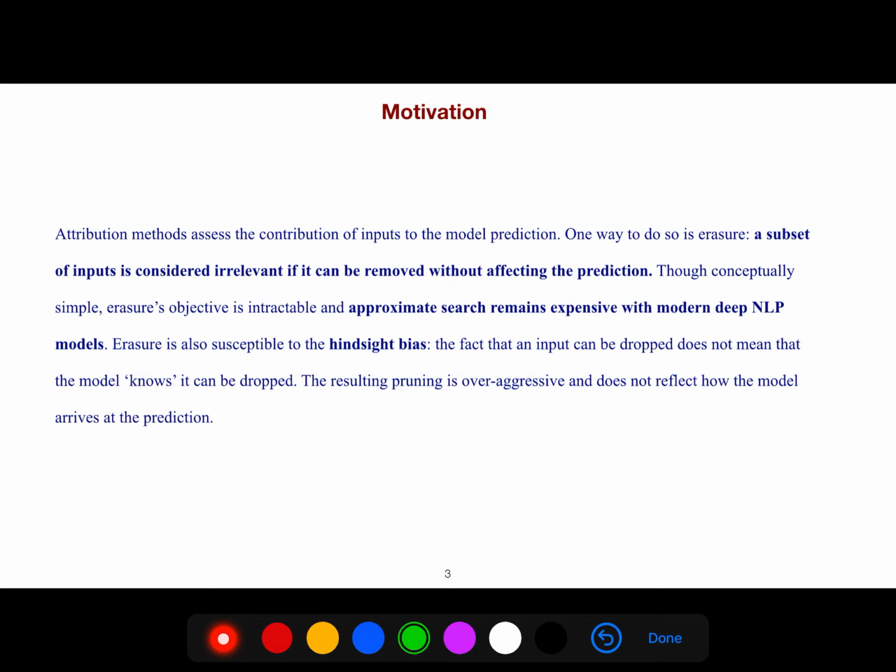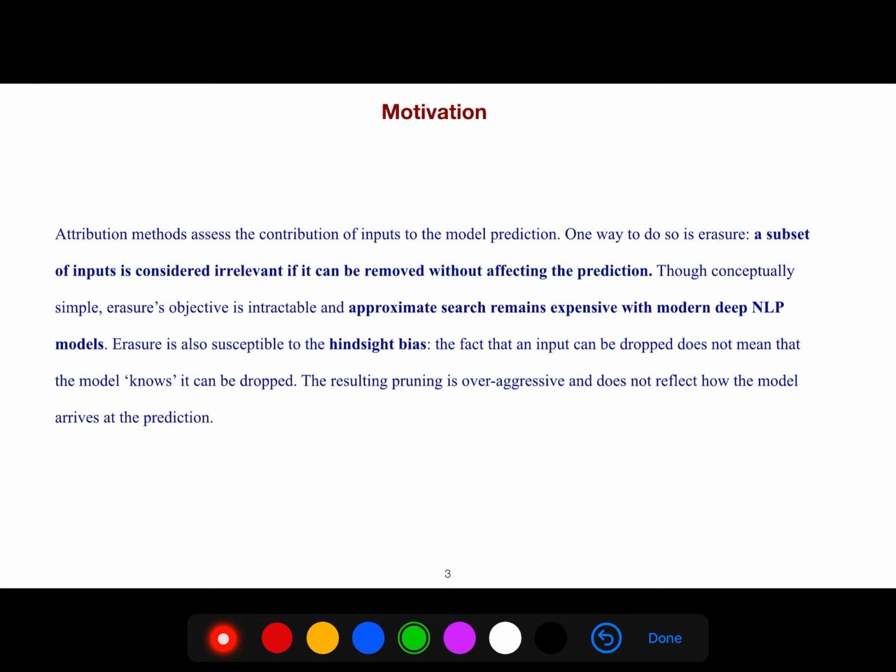Attribution methods assess the contribution of the inputs to the model prediction. One way to do so is erasure. A subset of inputs is considered irrelevant if it can be removed without affecting the prediction. Though conceptually simple, Eraser's objective is intractable and approximate search remains expensive with modern deep NLP models.